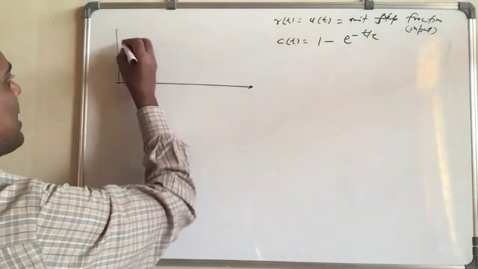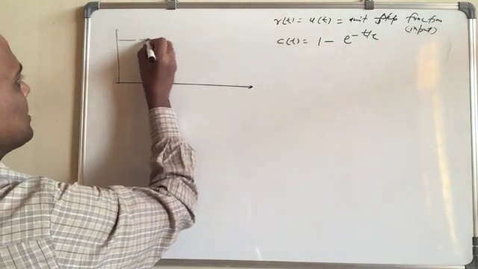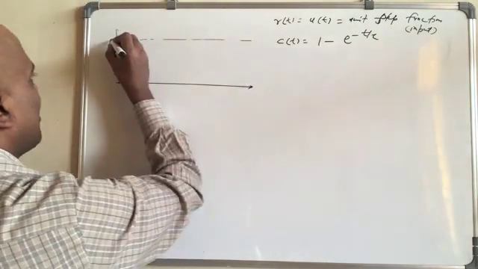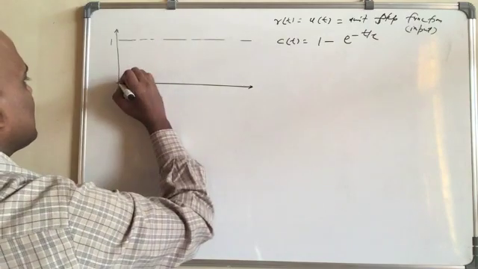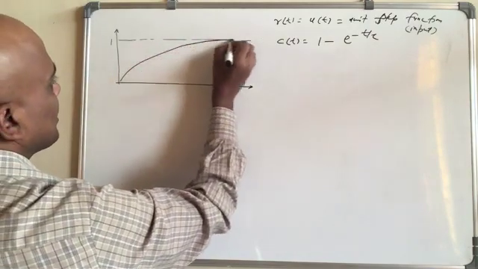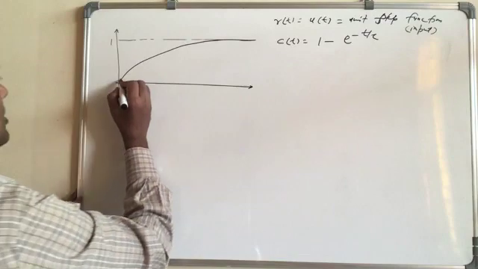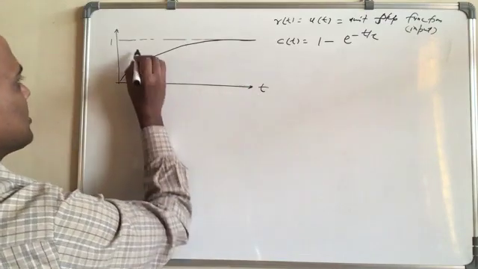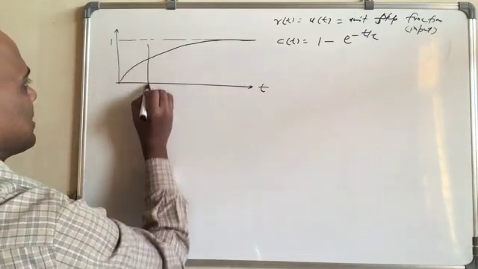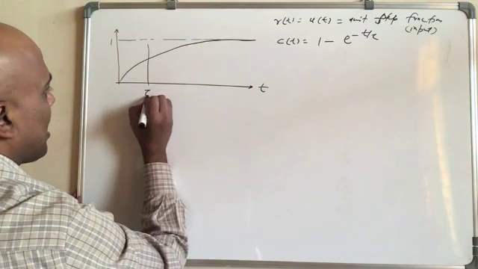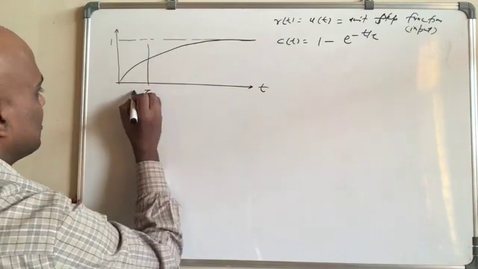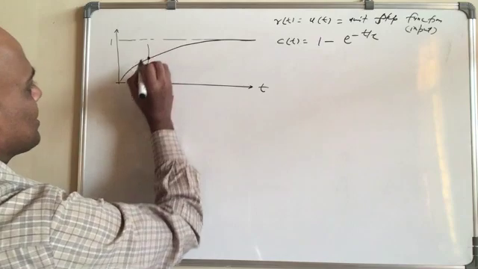So this is 1, and the response goes something like this. This is t.